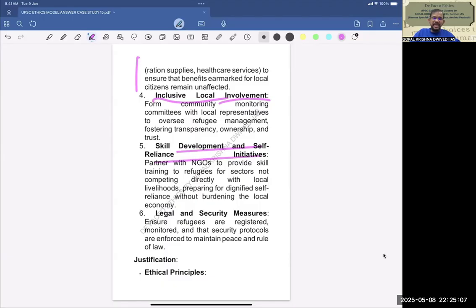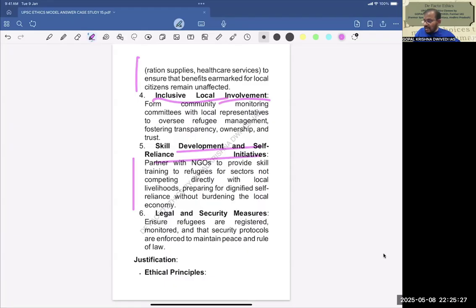So, not competing directly with local livelihoods, preparing for dignified self-reliance without burdening the local economy. So this is again very important. You have to upgrade their skills, you have to train them, but then there also you have to see that local population employment chances are not adversely affected.